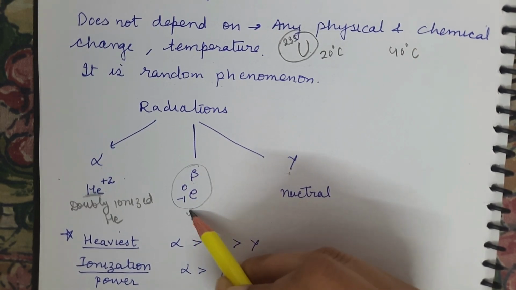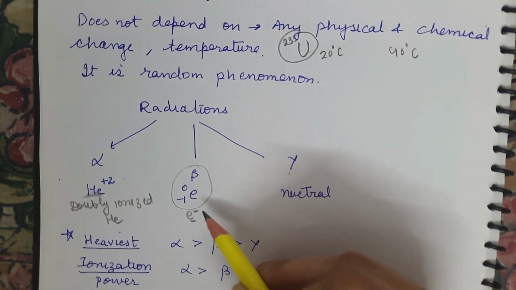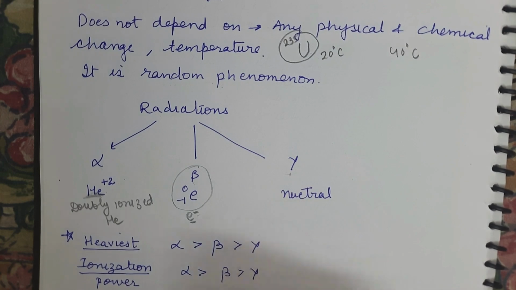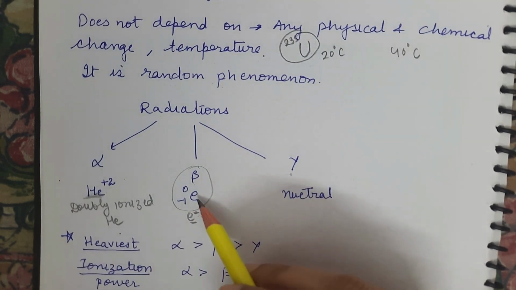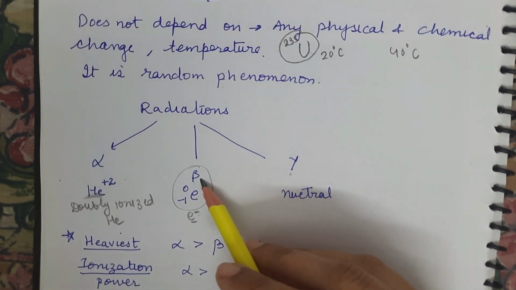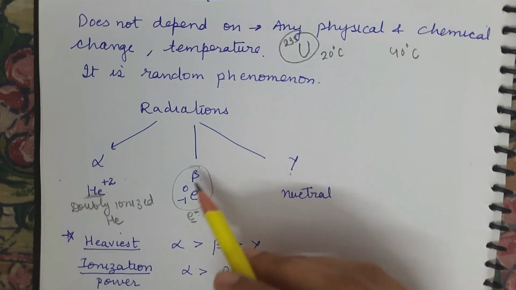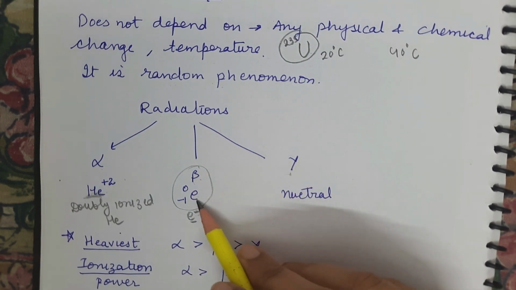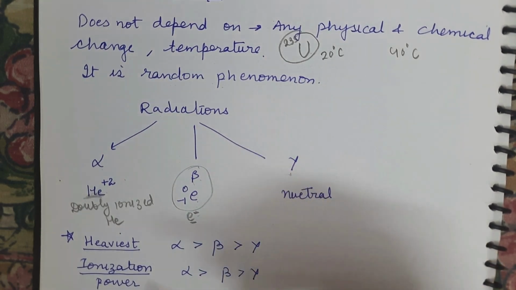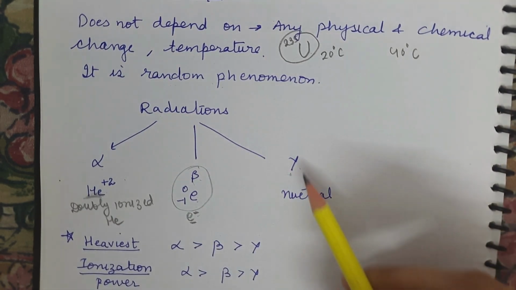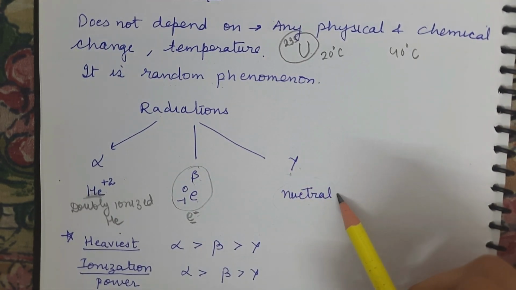Beta is the electron, but how is this electron different from the other electron which is revolving around the nucleus? Remember, this electron has been generated by the nucleus. Sounds weird, but yes, this electron comes from the nucleus, right? And this further detailing we are going to do as the chapter proceeds. And gamma is the neutral radiation, right?